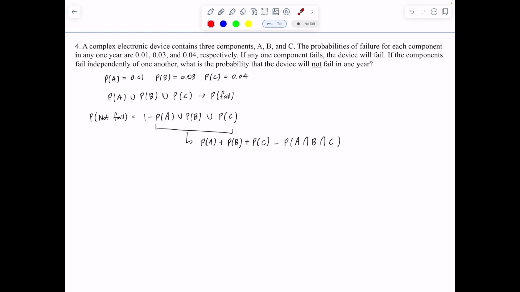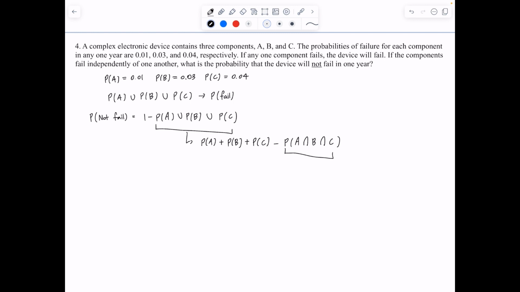It means probability of A intersection B intersection C. That corresponds to the probability that A, B, and C all happen at the same time, all happening together. Okay, so and then now we have to calculate this intersection part.